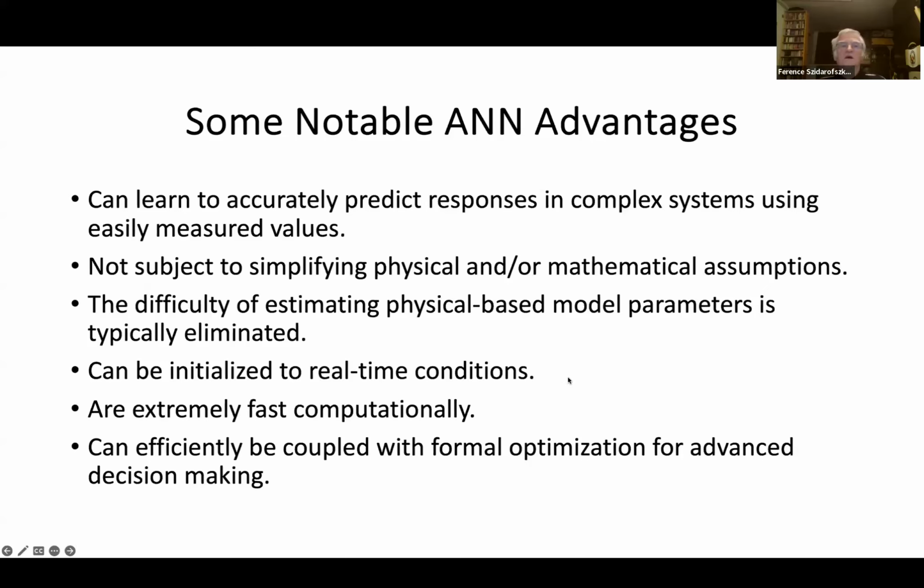Some advantages. First, it can learn accurately the responses of a complex system. The condition is you have to have access to data. And some of the people feel uncomfortable with neural networks because they consider a neural network as a black box. It is not a black box.